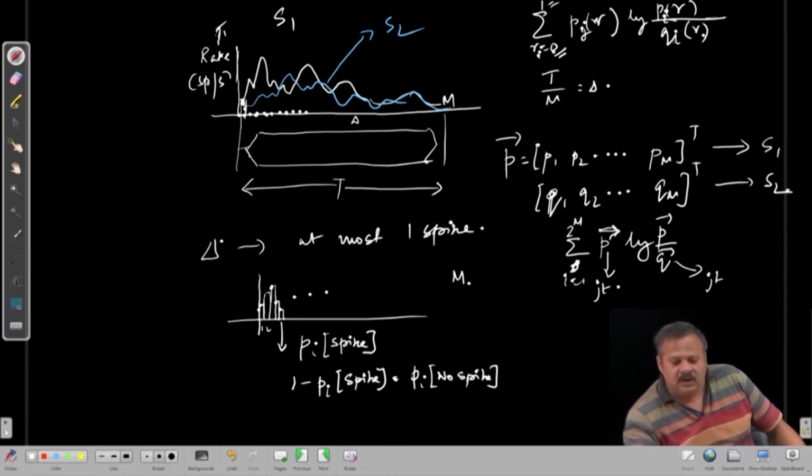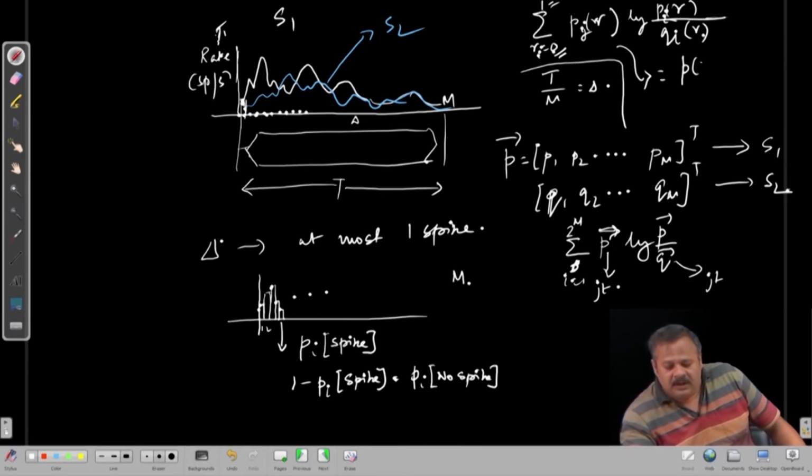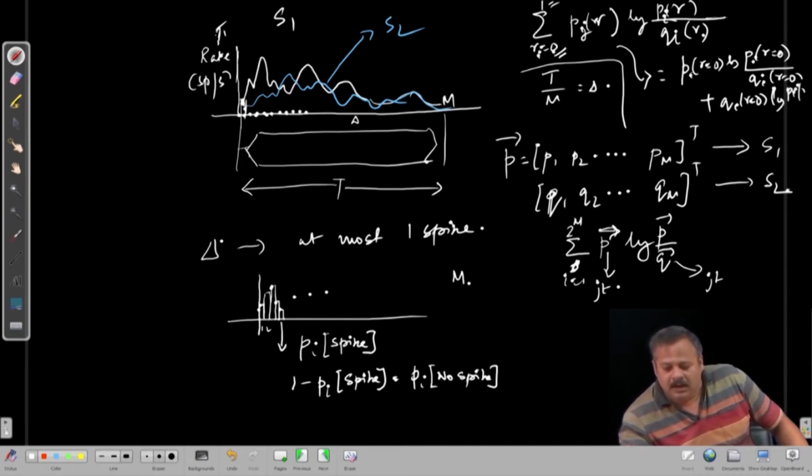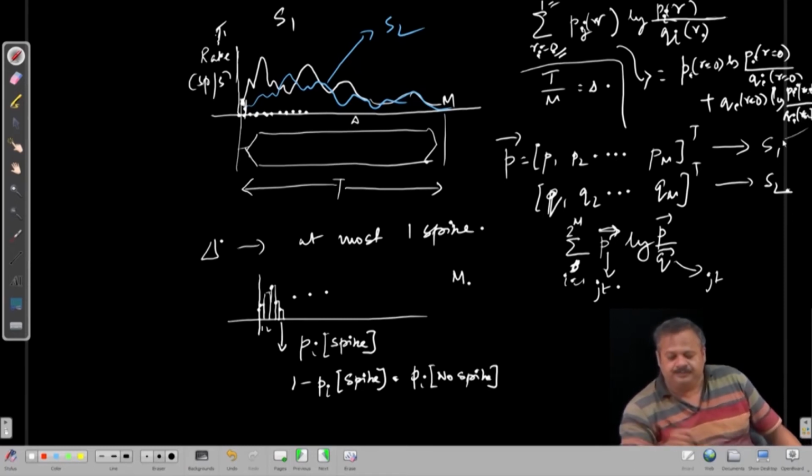These are the two elements that will be summed, so this becomes equal to probability R equals 0 times log of P_i(R=0) divided by Q_i(R=0), plus Q_i(R=0) log P_i(R=0) divided by Q_i(R=0).